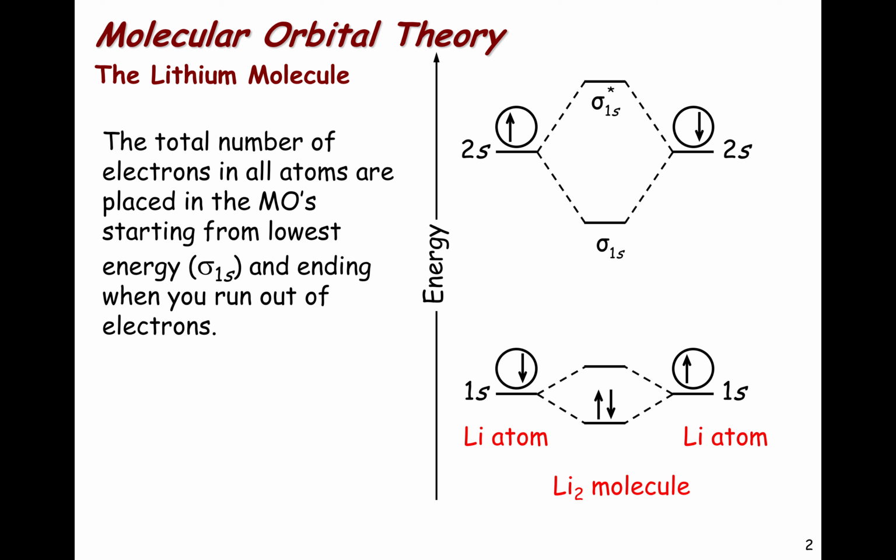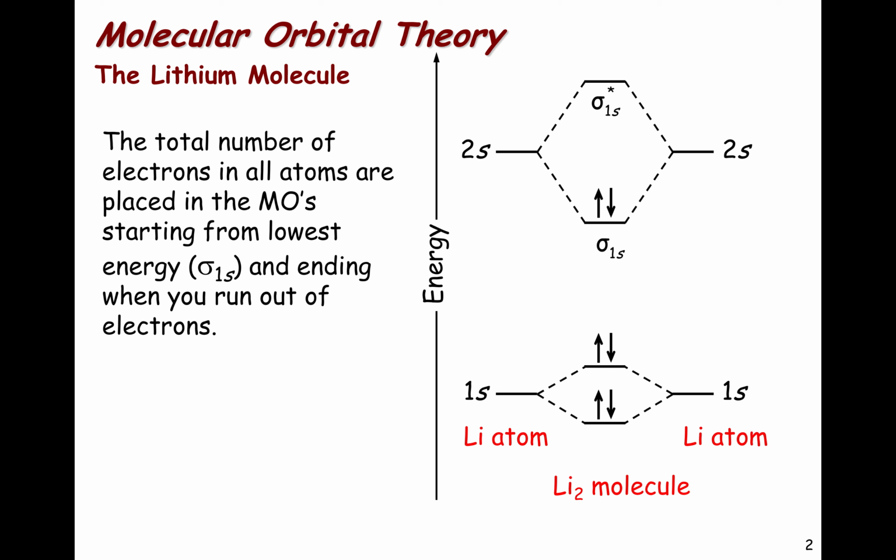And then when we go ahead and have those placed into the molecular orbitals, we then have a bonding combination and an anti-bonding combination in the sigma and sigma star orbitals of the 1s combination. That results in no net bond, and then we have to consider what happens in the 2s type orbitals.